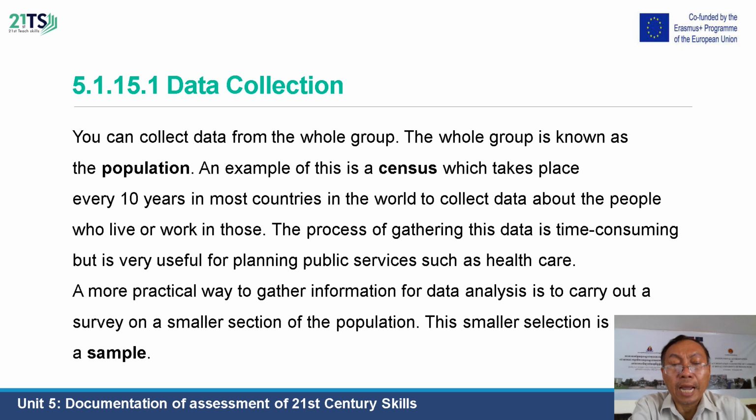The process of gathering this data is time-consuming, but it is very useful for planning public services such as healthcare. A more practical way to gather information for data analysis is to carry out a survey on a smaller section of the population. The smaller selection is known as a sample.